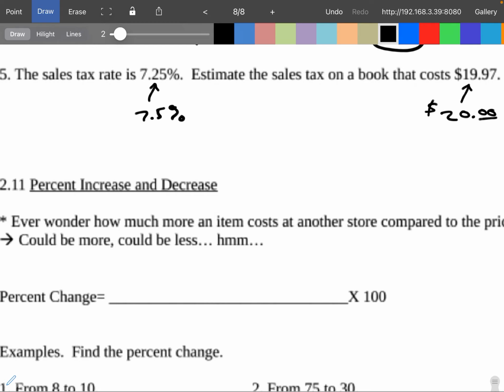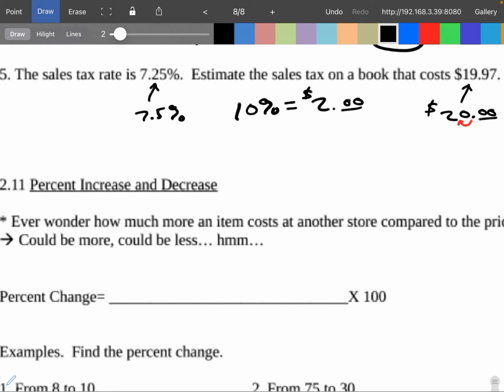All right. Well, what would 10% of $20 be? $2. If you want 10% of the cost of that book, all you got to do is move that decimal one place to the left. So that would just be $2.